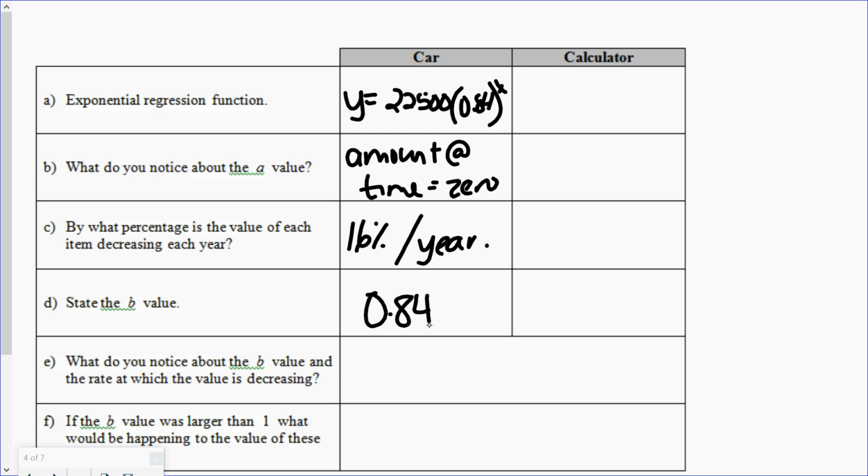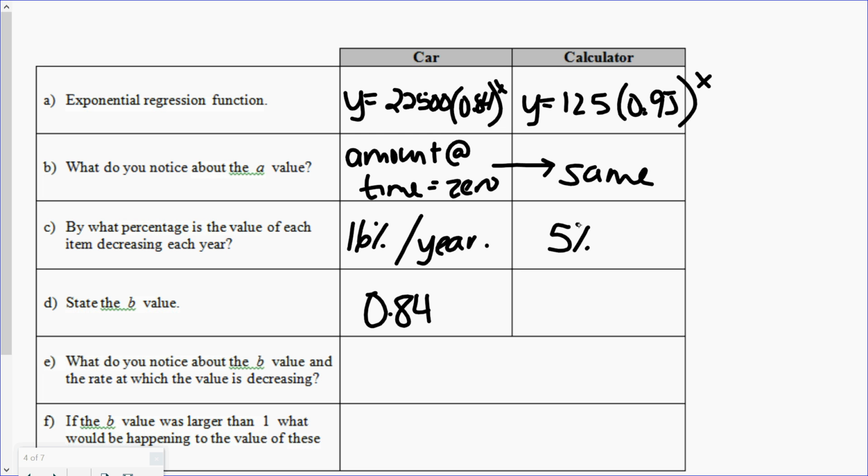For the calculator, so 0.95 to the power of x. A value is the same. It's decreasing by 5% each year. And that B value is 0.95.